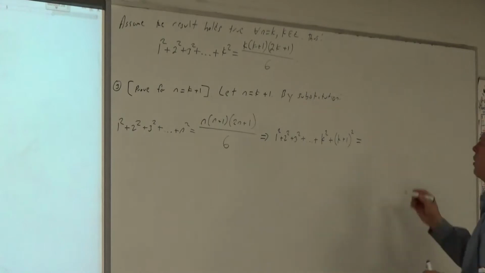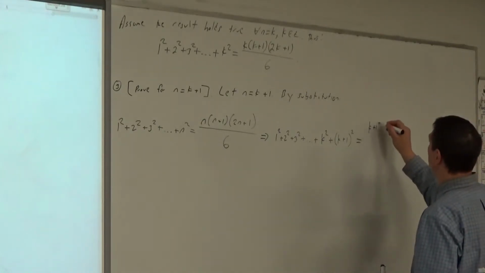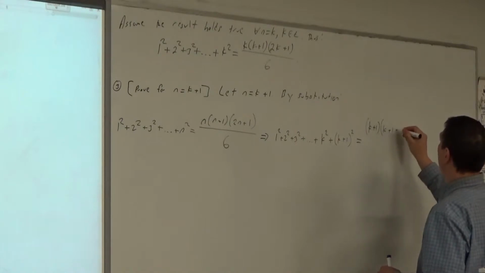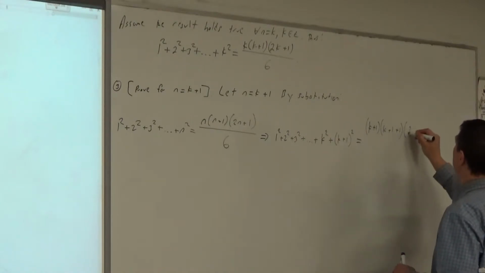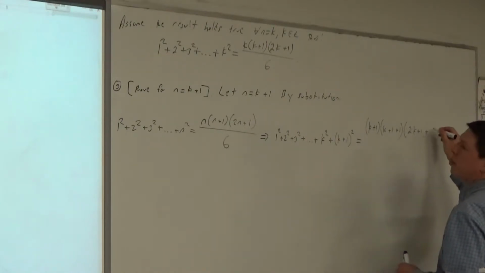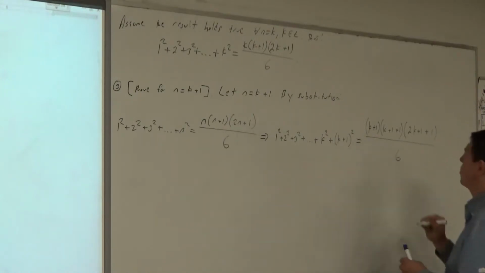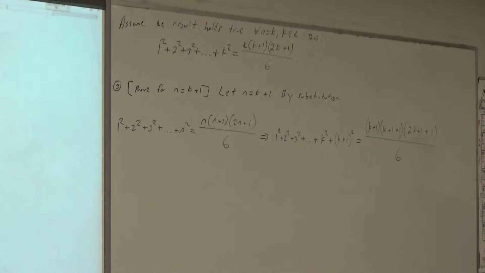So k plus 1, quantity k plus 1, quantity 2k plus 1, quantity, divided by 6. Let me let you copy it down, and then I'll let somebody yell at me. What did I do incorrectly there?